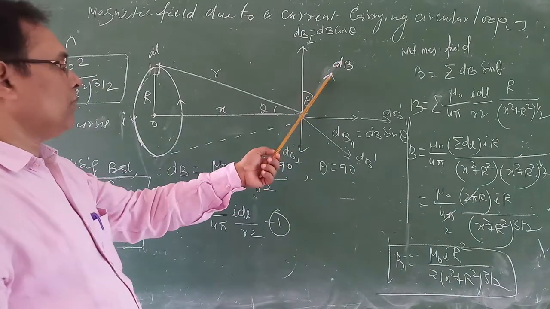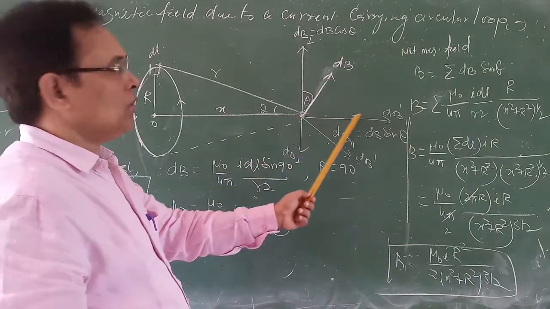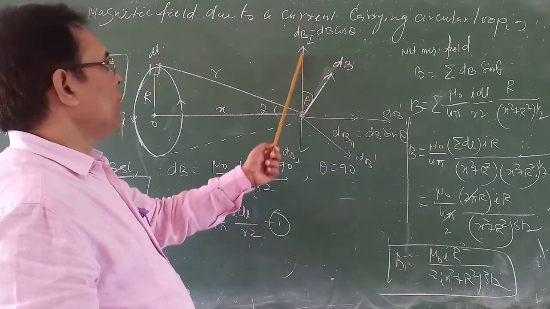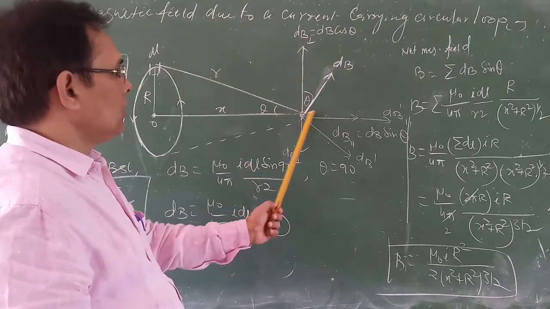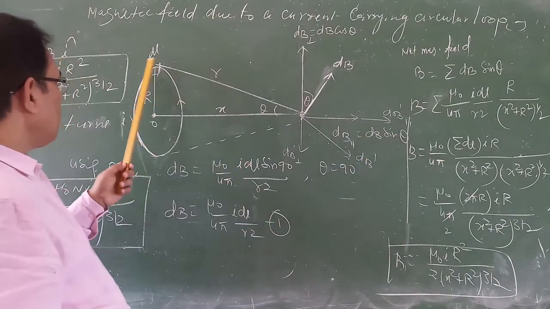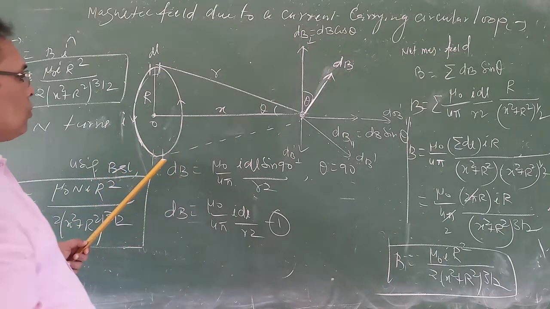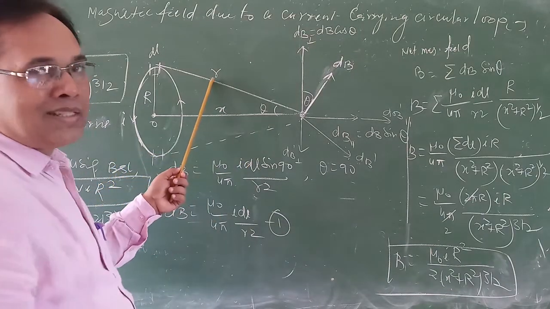So this magnetic field has two components, one vertical component and one horizontal component. The vertical component will be dB cos theta and the horizontal component will be dB sin theta. Similarly, for the diametrically opposite element, the distance will also be r.